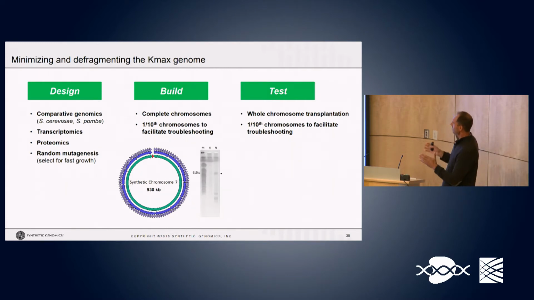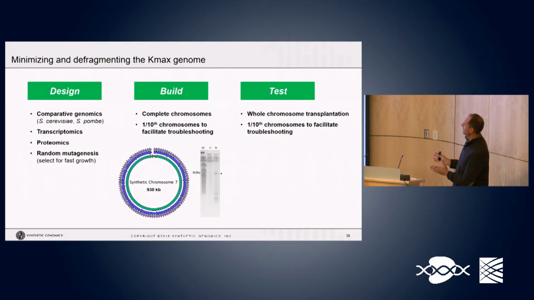Our approach goes like this, thinking about the design-build-test theme. The design is based on comparative genomics of dispensable genes in other yeasts, using transcriptomics and proteomics, and also random mutagenesis, where we can identify genes that are dispensable, but you also don't sacrifice the growth rate.